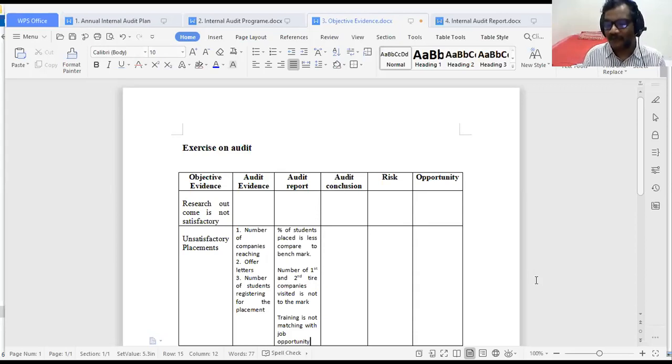How many companies were invited? How many companies have actually conducted the process? How many students have been selected? This is what a report is. We are reporting out. It is putting up the facts. It is not coming to any conclusion with those facts. Conclusions will come with some other benchmarks.